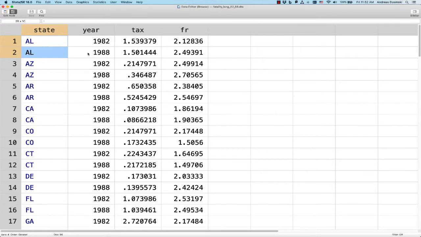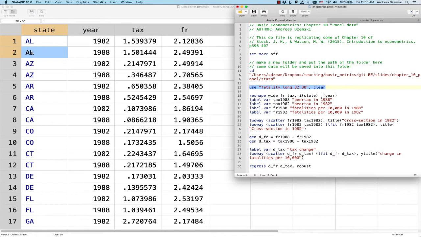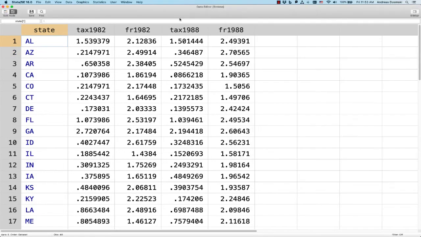This is the standard representation of panel data, and it's called the long shape of panel data. We can rearrange the data so that every row corresponds to one cross-sectional observation. Right now, for each cross-sectional observation, we have 2 rows. Now I've changed the shape of the data.